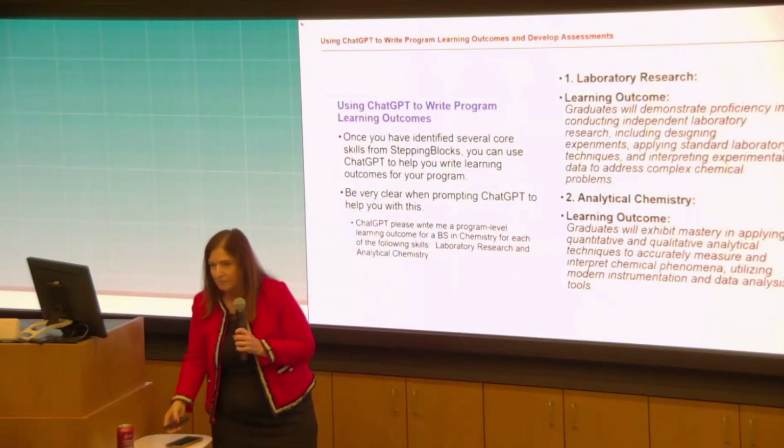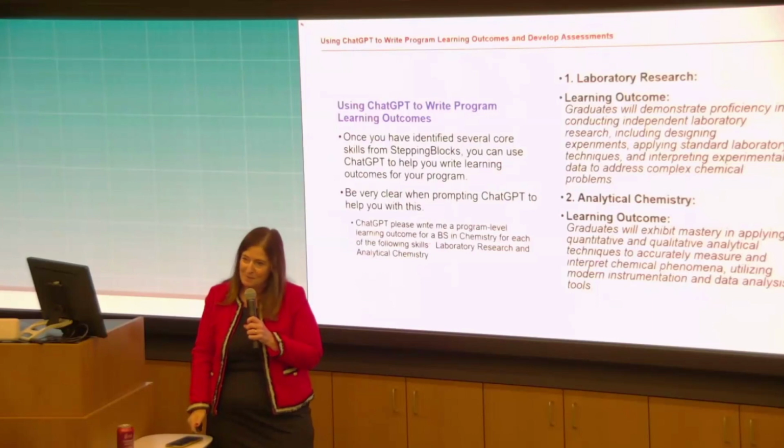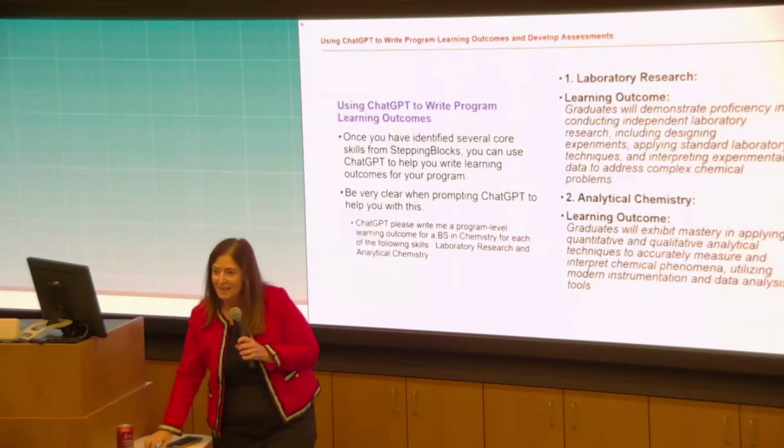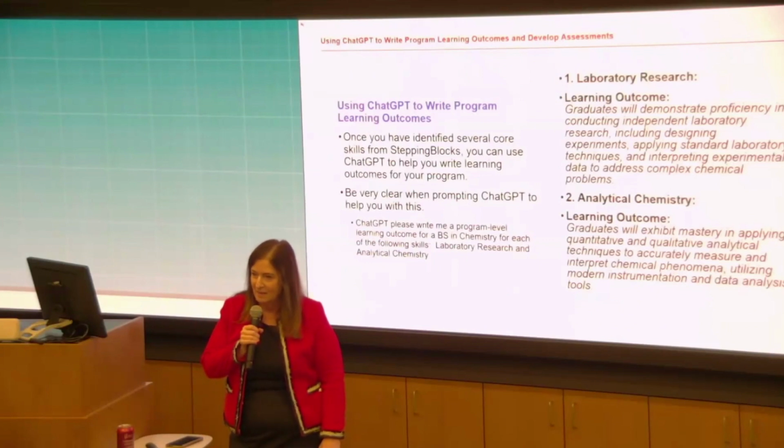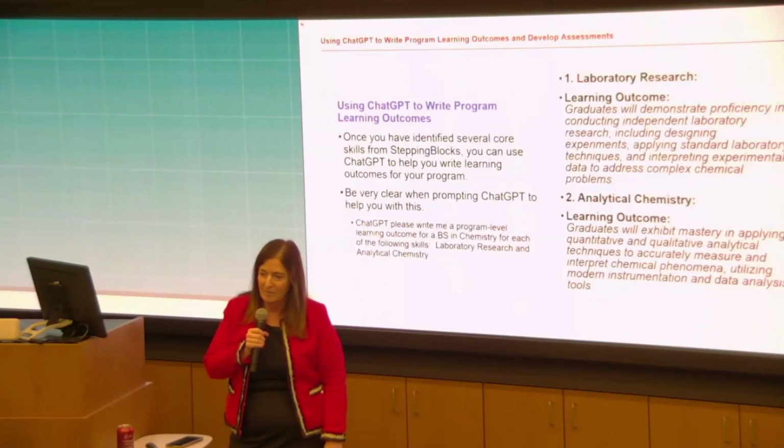So any comments or questions about that? I think ChatGPT can be a very useful tool to initiate conversation with faculty and program. But like Dana mentioned, you still need to really finalize and polish.